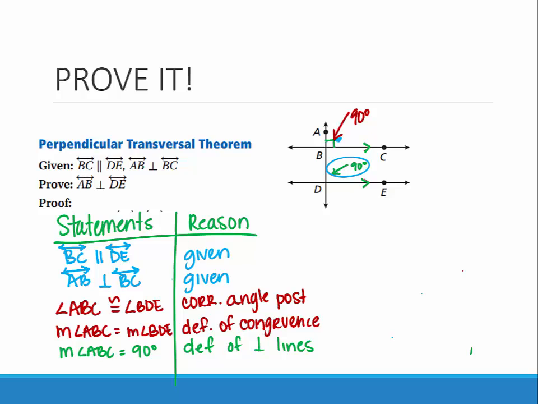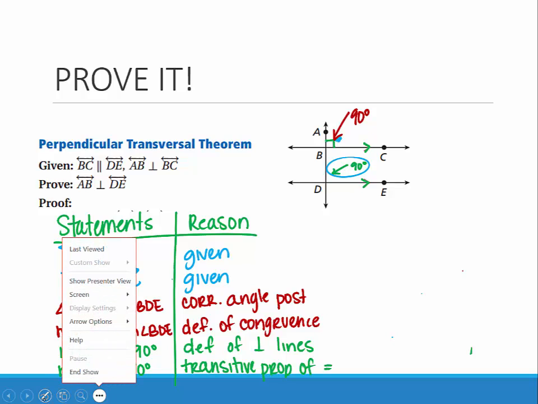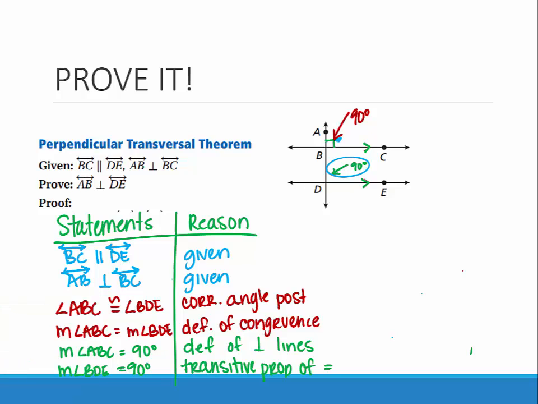So then we can use the transitive property. If I know the measure of ABC equals the measure of BDE, and I know the measure of ABC is 90, that means that the measure of BDE has to also be 90 degrees. And this is the transitive property. And then finally, if I know that this is 90 degrees, that by definition means that these two lines are perpendicular.